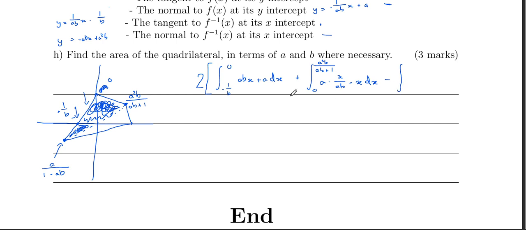So minus the integral from a over 1 minus ab to 0 of x dx, minus the integral from a over 1 minus ab to negative 1 over b of this tangent here, which is abx plus a.